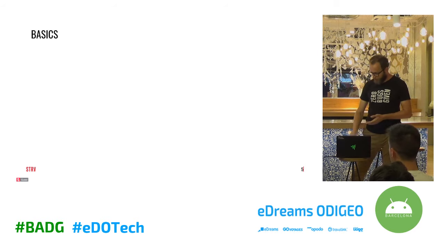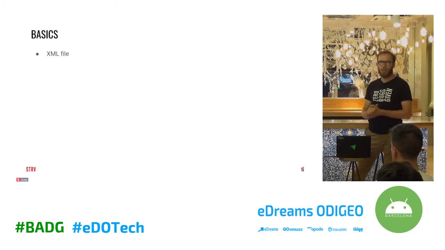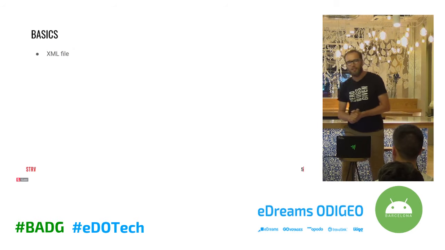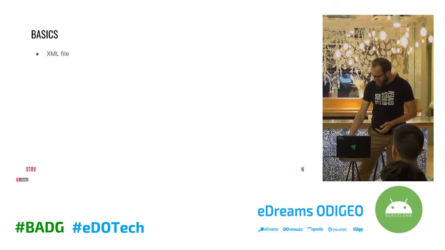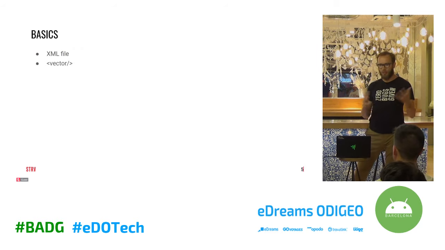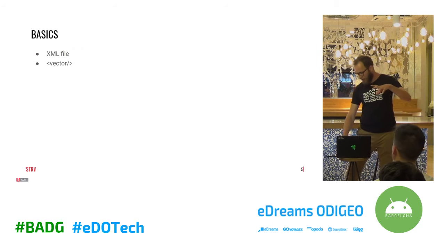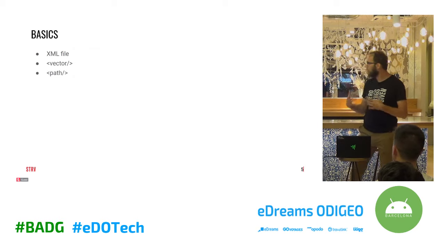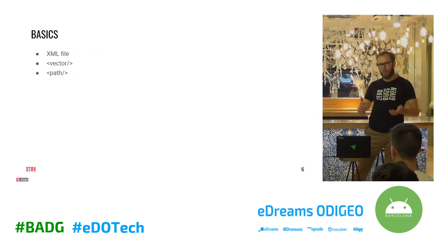How do Vector Drawables look? First of all, they can only be defined in XML, so you can't create them programmatically. You won't see a single line of Kotlin anymore tonight, just XML. The outermost element is a vector element, and inside that vector you can have one or more paths defining the shapes you want in the icon.